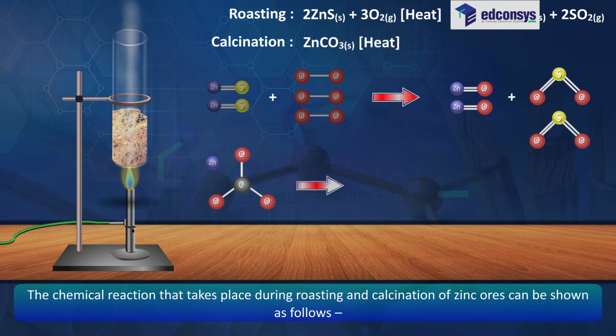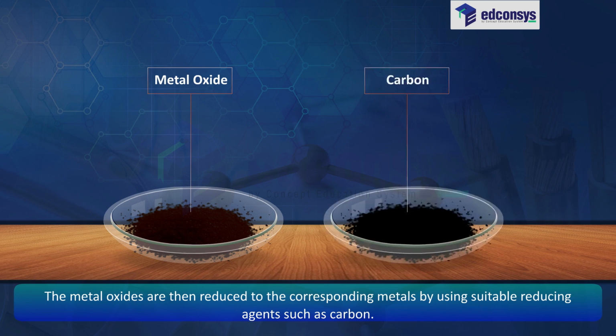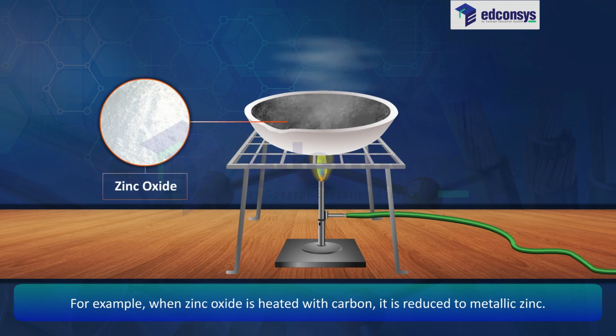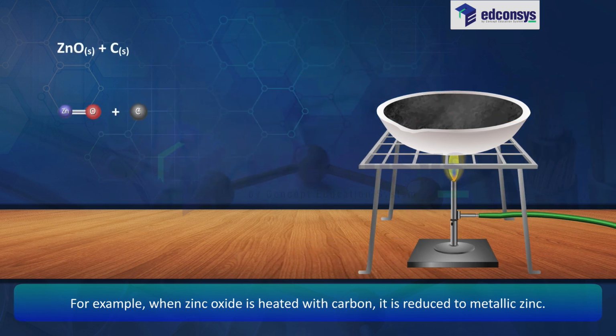ZnCO3 in the presence of heat gives ZnO plus CO2. The metal oxides are then reduced to the corresponding metals by using suitable reducing agents such as carbon. For example, when zinc oxide is heated with carbon, it is reduced to metallic zinc. ZnO plus C gives Zn plus CO.